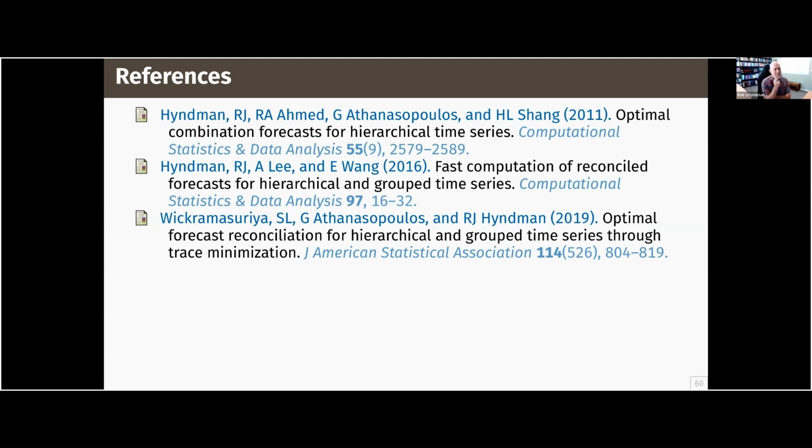Whether that's actually how it works in practice, I don't know. I don't know if people are doing this so that they end up with coherent decision-making, and whether the decisions are coherent. It's a good reason to do coherent forecasting, so that you can make your decisions coherent, but whether people actually are using it in that way, I'm not sure. The feedback I'm getting anecdotally is people are using it because it gives you better forecasts, so improves forecast accuracy. It also helps improve coherent decision-making, but I don't know whether that's a justification.